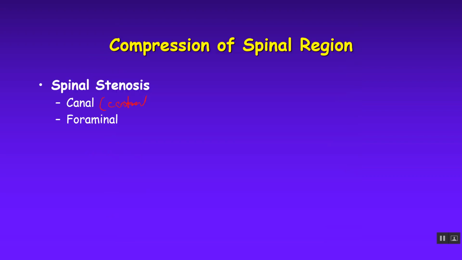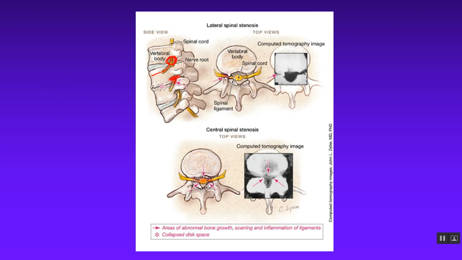It doesn't help you now, but spinal stenosis: the canal, which is also central, and then foraminal, which is that side where the nerves exit. So this is showing the central canal, but this is the foraminal stenosis. You can see how this is open here, but there's bony stuff infringing upon that foramen.